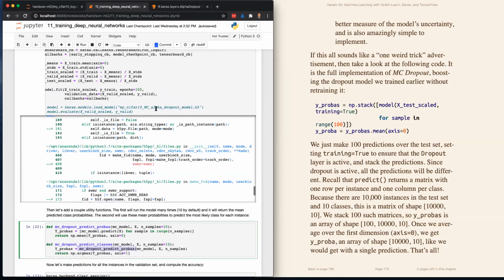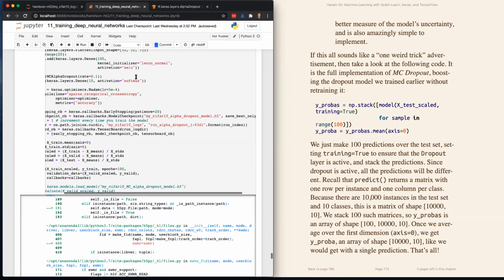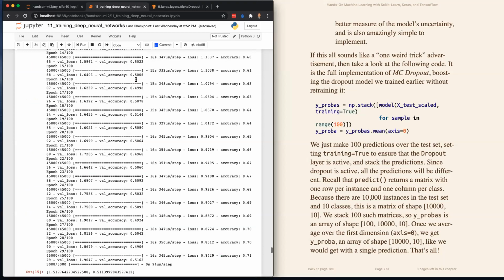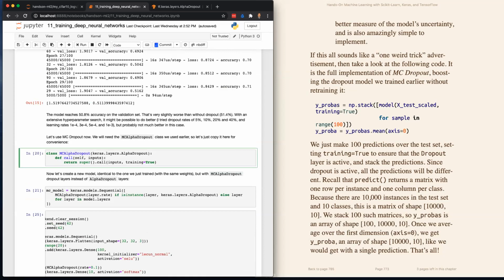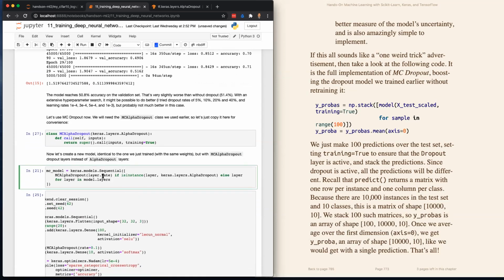I was getting an error when you define a model up here, so I'm not going to do it. Now what he has done here is he replaced MC alpha dropout in place of alpha dropout in the model. So that's what he was doing here.